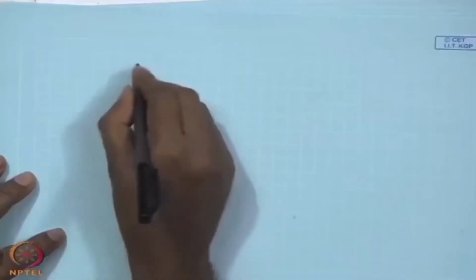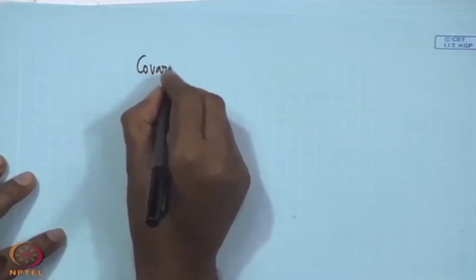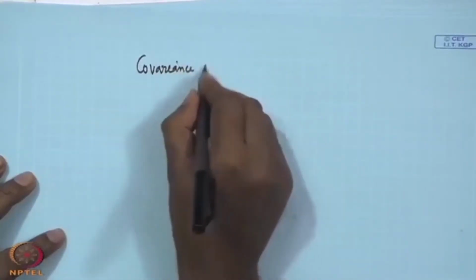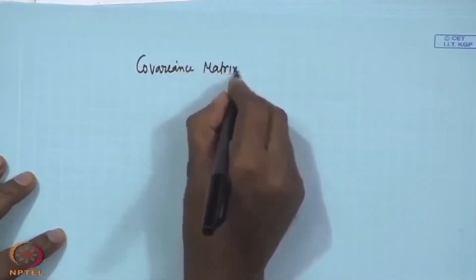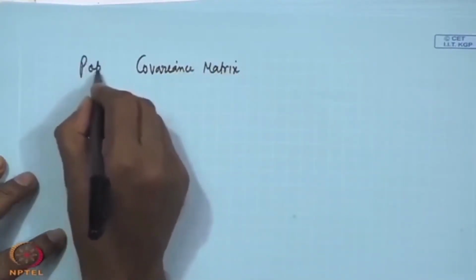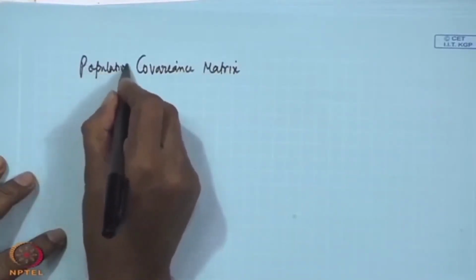We will simply say covariance matrix, and you will be able to catch immediately what it is. Then only you will be able to relate the discussion at that time. So, we are interested to know the covariance matrix. Let us discuss from the population point of view first, that is the population covariance matrix.